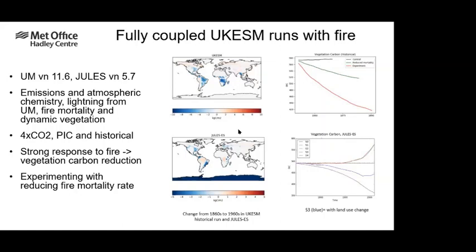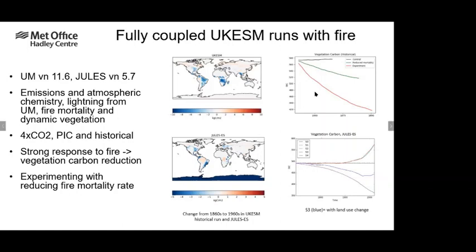It's reducing the vegetation carbon when we include the fire feedbacks. It has a fairly strong effect at the moment, and the other thing to note is that the pattern of vegetation loss in the coupled runs is slightly different to what we see in the offline runs, and I'll go into that in a bit more detail in a second.